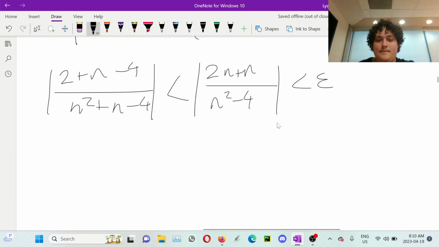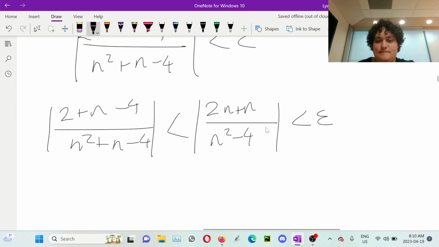Actually, I want to make the denominator smaller. So I want n squared minus 4n to be still positive though. But definitely it's going to be smaller.